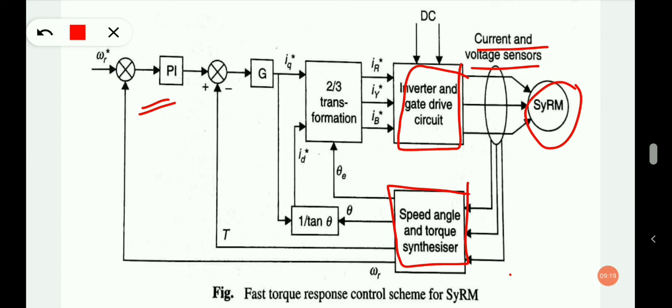So till now we have discussed the construction of synchronous reluctance motor, working of synchronous reluctance motor, then we have seen the phasor diagram of synchronous reluctance motor, torque equation of synchronous reluctance motor, and in this video we have covered the control scheme for synchronous reluctance motor.